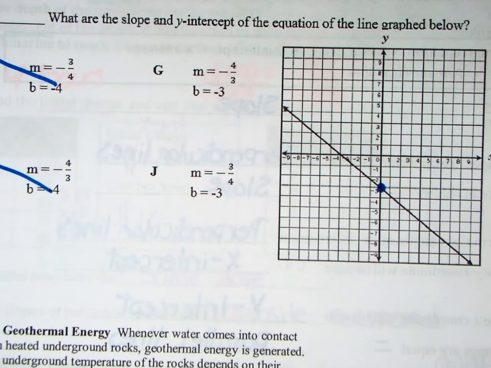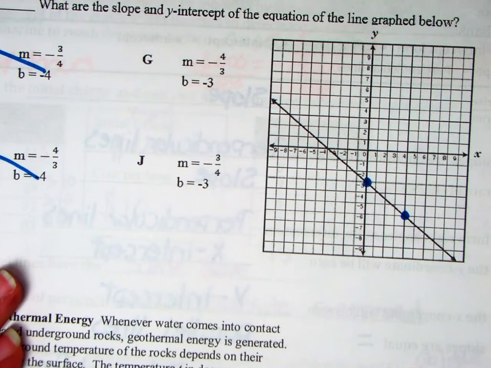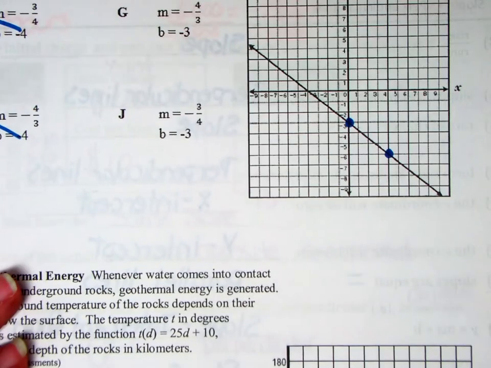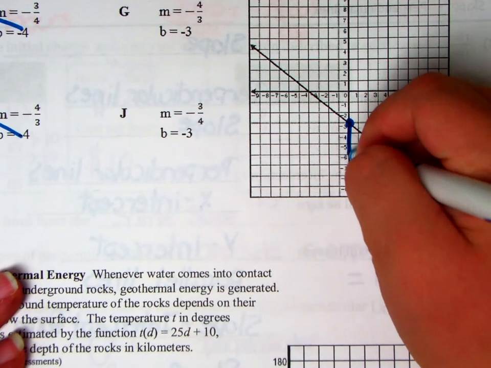Now the question is, what's our slope? Do we go down 4 and to the right 3, like G is saying? Or do we go down 3 and to the right 4? So let's find the next best point and put a dot there. I'm going to use that point right there. Maybe you want to use a different point. And just make sure you reduce. Make our little triangle.